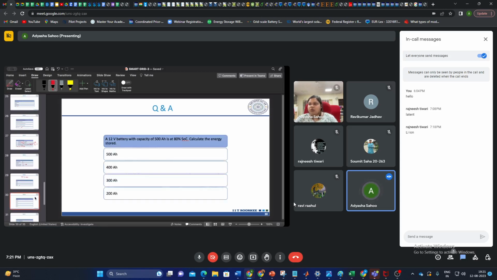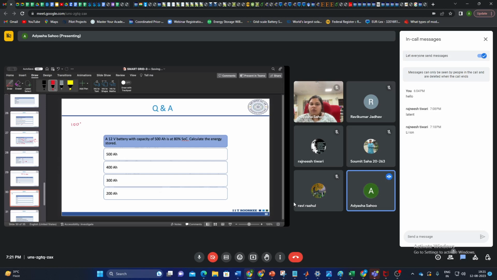Then next question we have, a 12-volt battery with a capacity of 500 ampere hour is again at 80% SOC. So calculate the energy that is stored right now at 80% SOC. So what we are saying, 100% is 500 ampere hour.